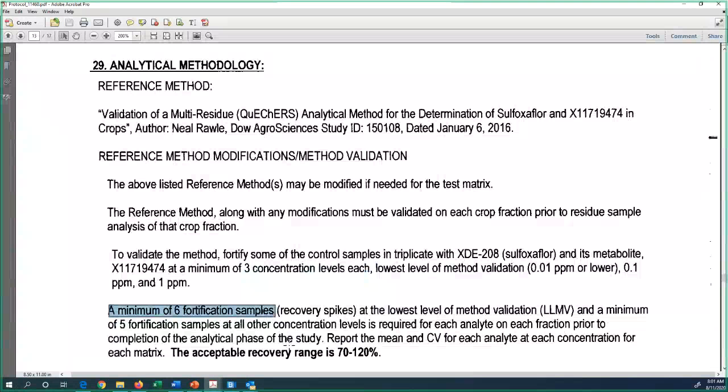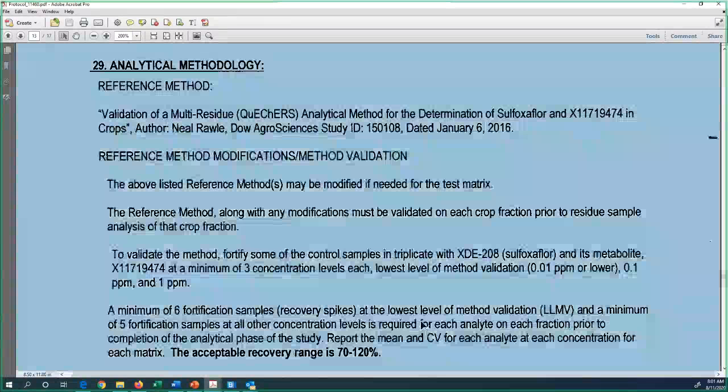I prefer 7, but requirement is minimum 6. Because 7 is easy to calculate when you do the standard student t-test. The coefficient is 3.14, which is easy number like pi to remember. Okay, so it needs 6. In this case, minimum 3 times talking about LLMV and 6 LLMV level.